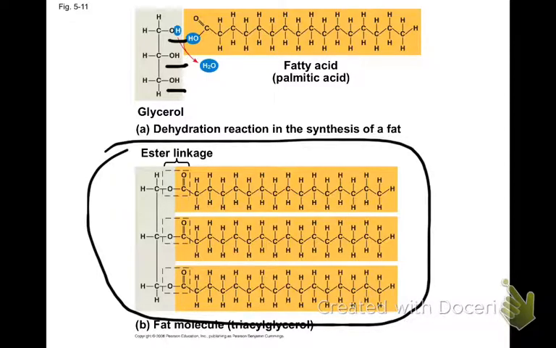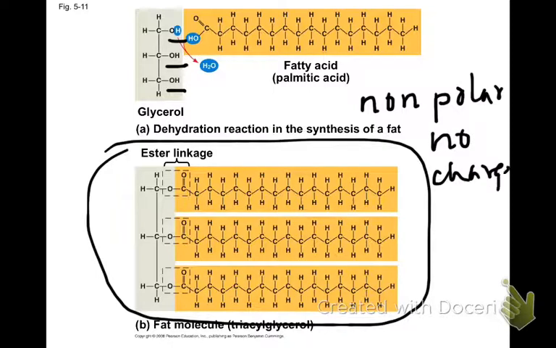Nothing, because in each of these bits, the carbon has its valency satisfied on all of the sides, so it is totally non-polar, no charge left, which means it is hydrophobic.